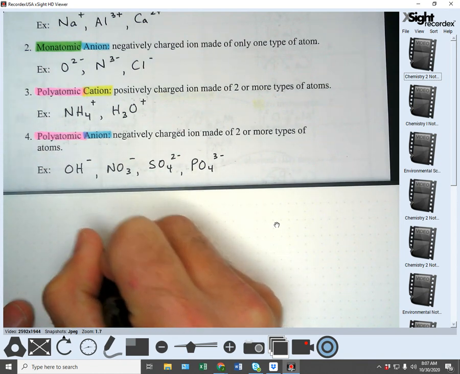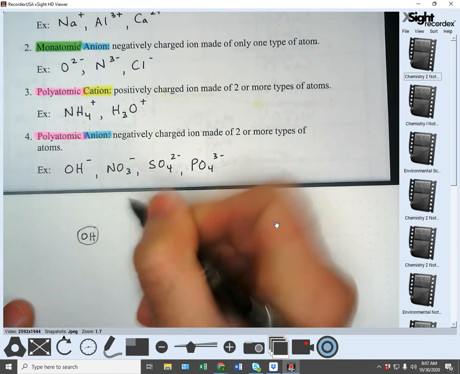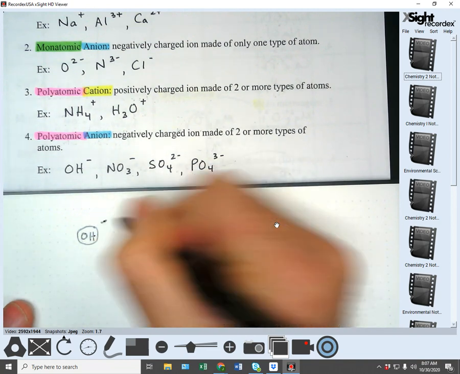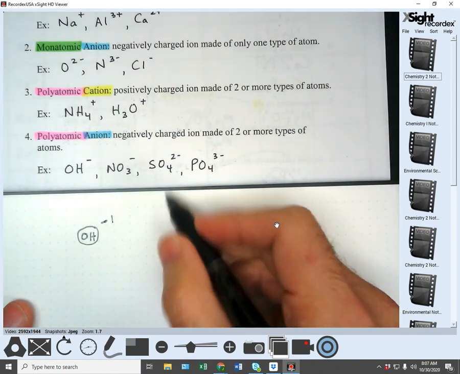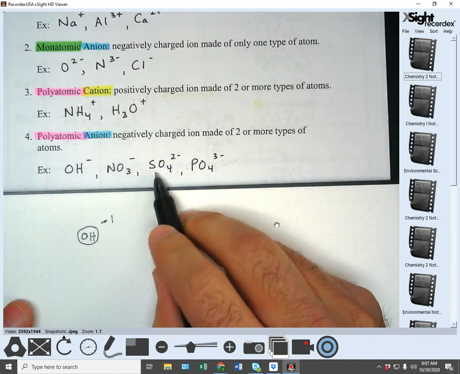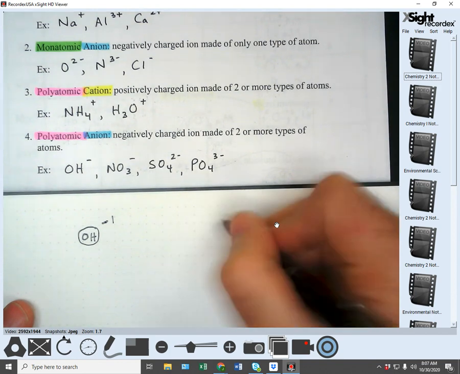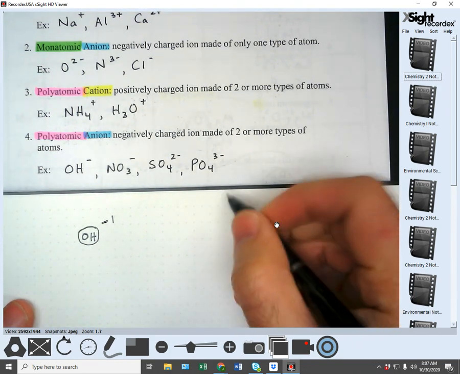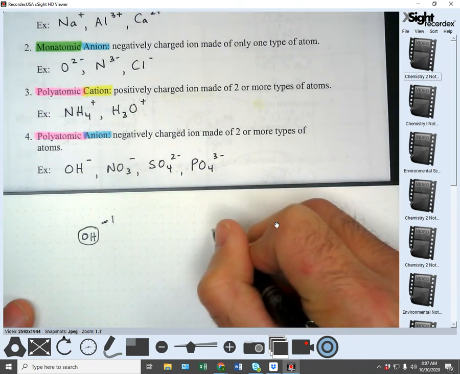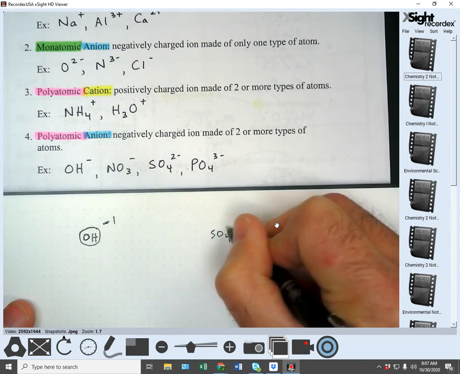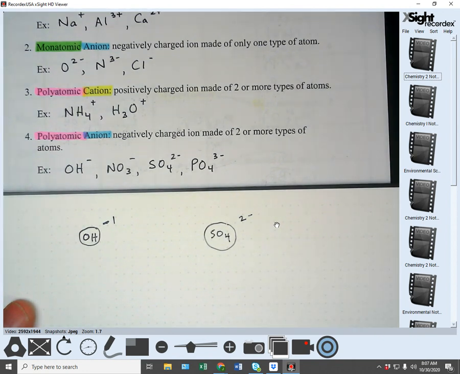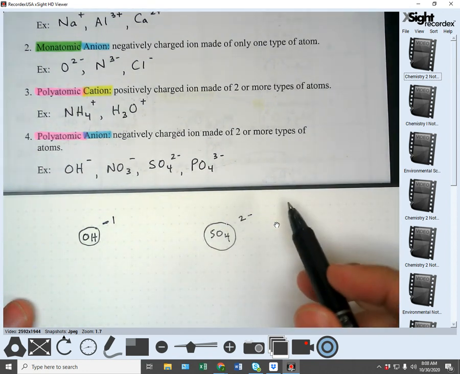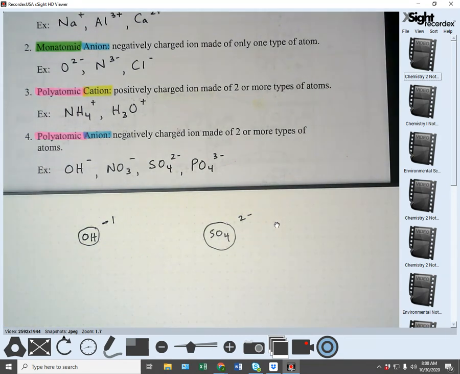The OH, that whole thing is a negative 1 charge. Same thing with these. SO4 is 1 sulfur and 4 oxygen, but all of that combined together, the SO4, all of it combined together has a 2 negative charge on the whole thing.